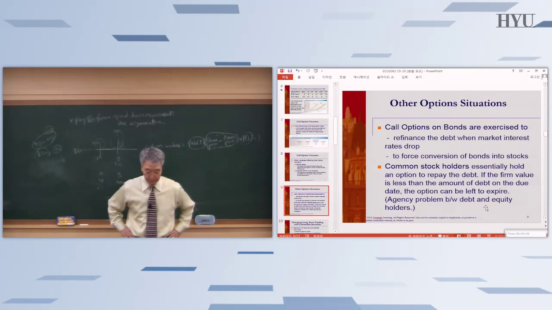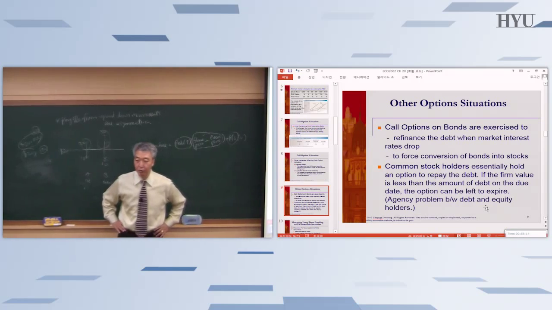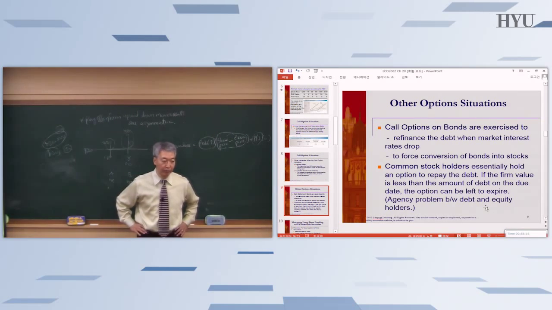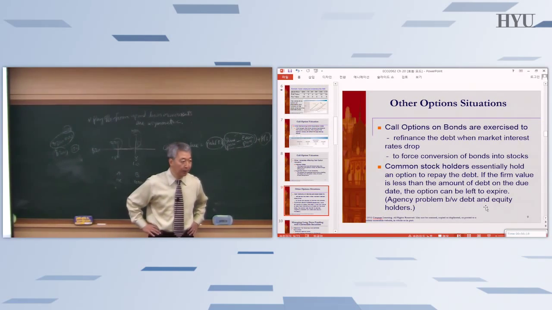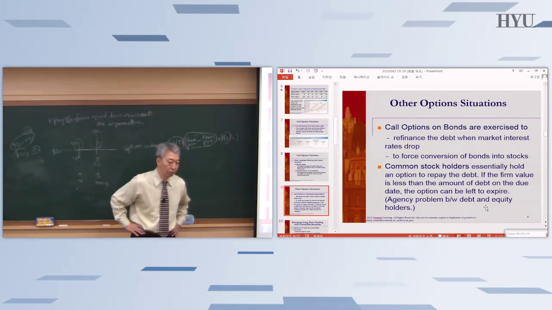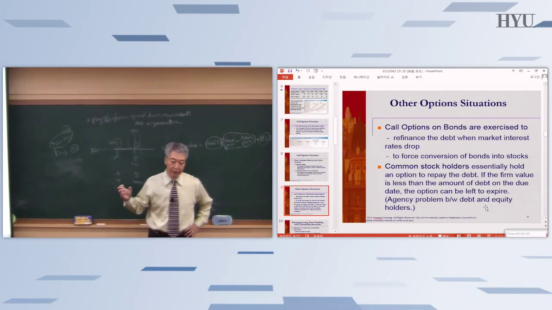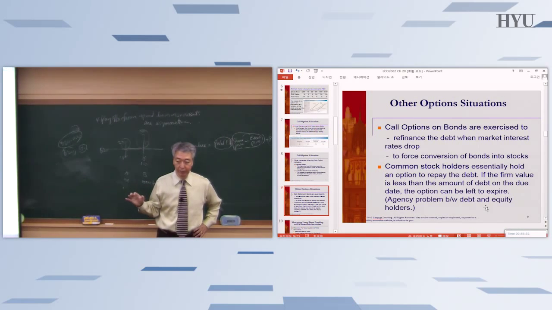Well, the reason they would do that is to refinance the debt. Suppose they issue the bond at a 7% annual rate, but the market interest rate goes down, and you can now issue new bonds at 2%. Then they call the old bond and redeem it.